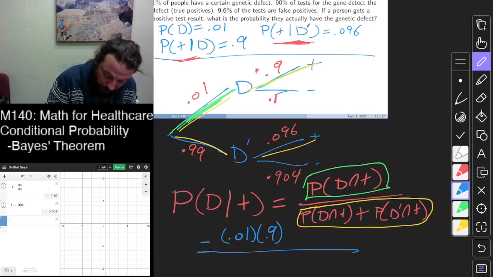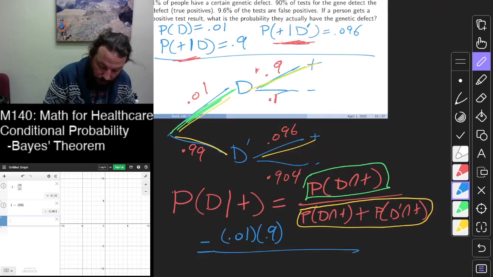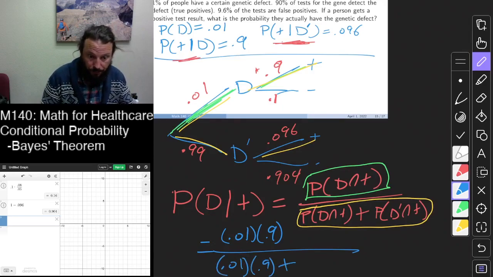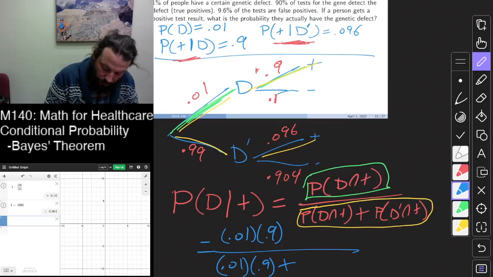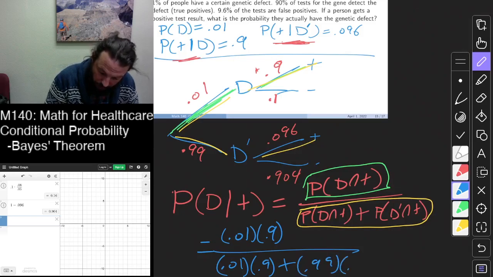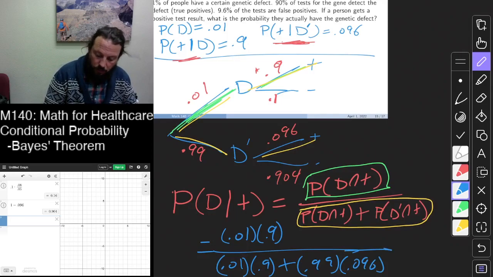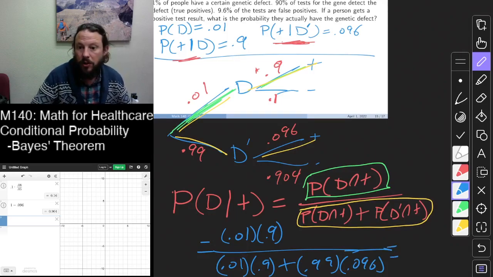Divided by, now we want the yellow paths. 0.01 times 0.9 plus, what's our other one? The other path is 0.99 times 0.096.